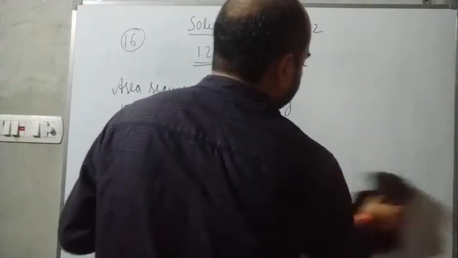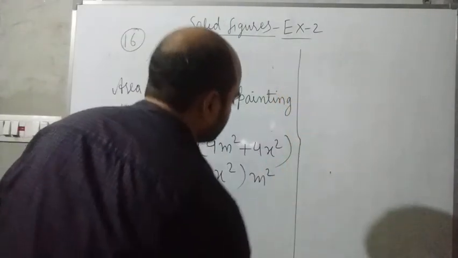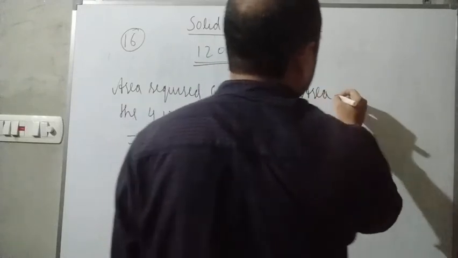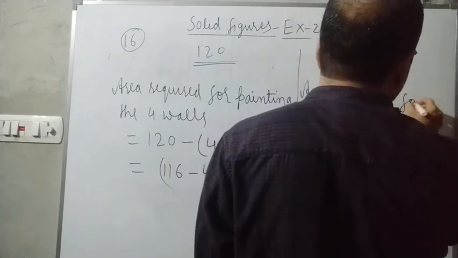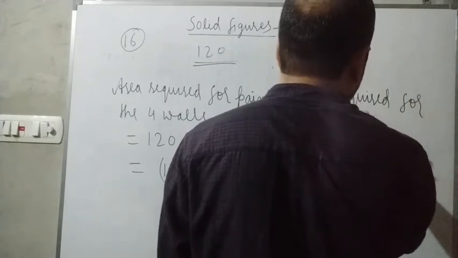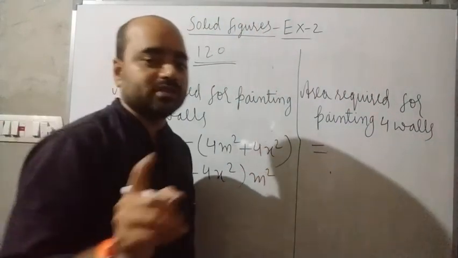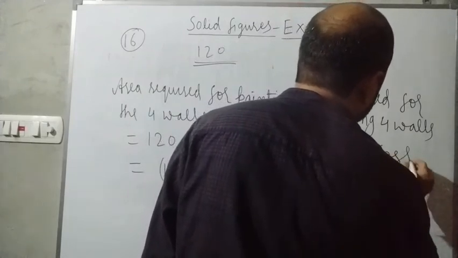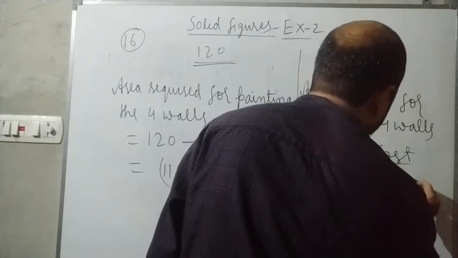Here again I am going to use one formula. The area required for painting the 4 walls, in terms of cost, is total cost upon cost of 1 meter square.